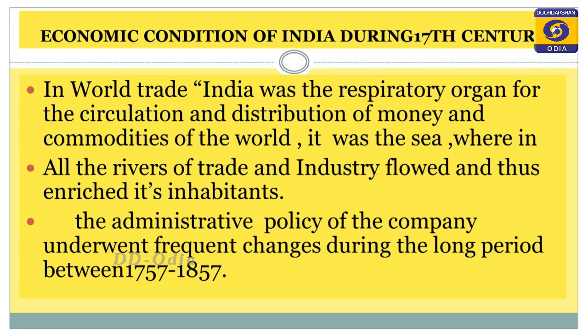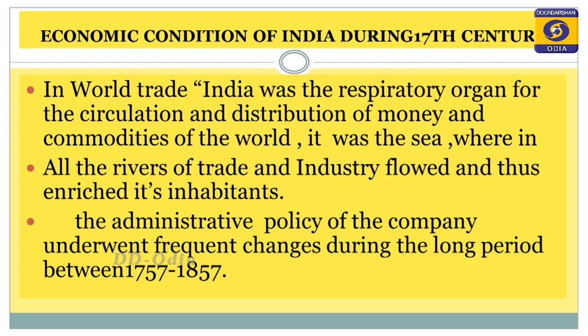During the 17th century, India had accumulated a lot of gold and silver, as the Europeans did not have many goods to sell in India, so they paid in precious metals. The economic condition of India was very prosperous during that period.